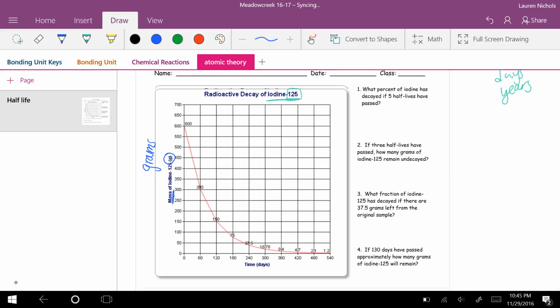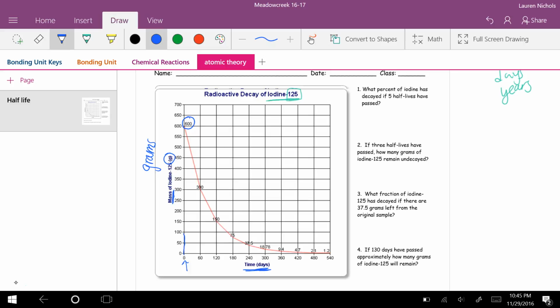But on the x-axis, we have time in days. So we can see that our unit for these particular questions will be days if they ask us for anything related to time. So we see that at 0 days, we start off with 600 grams of material.